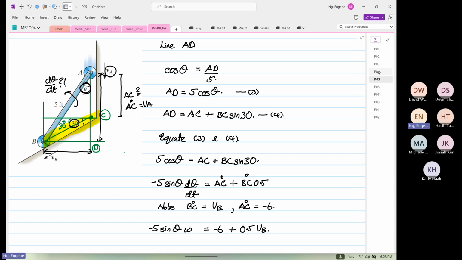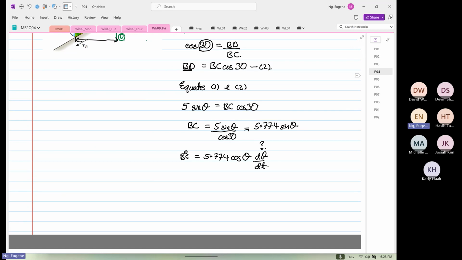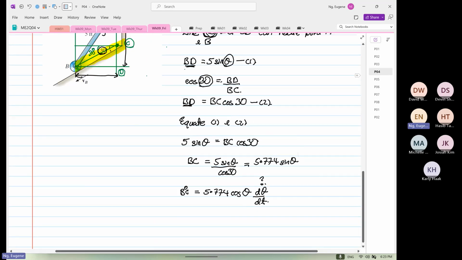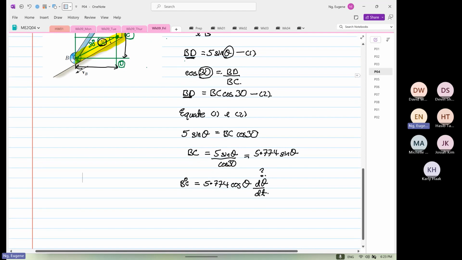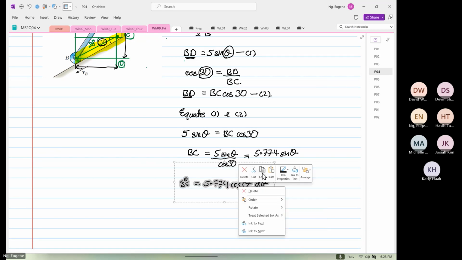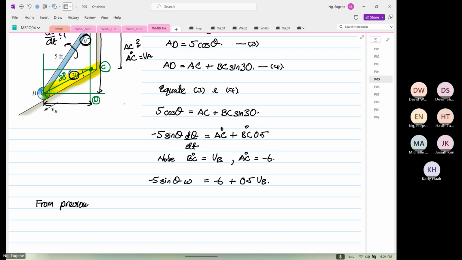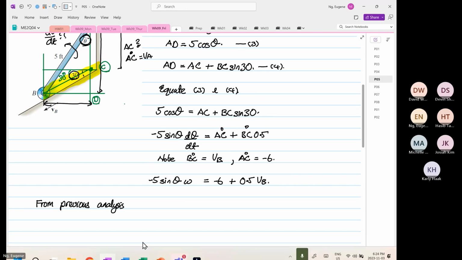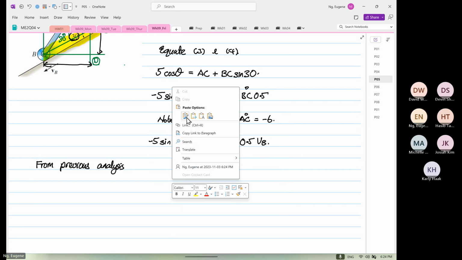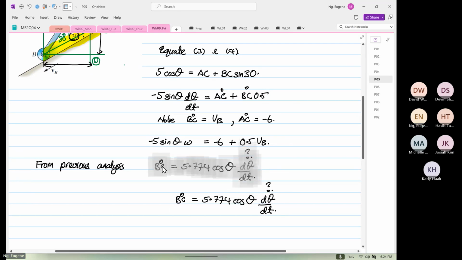So we have formed two equations, right? So we also have the previous equation over here. From the previous page, we have this relationship.